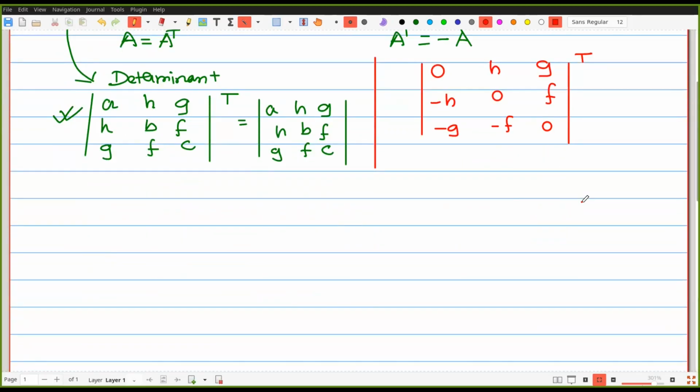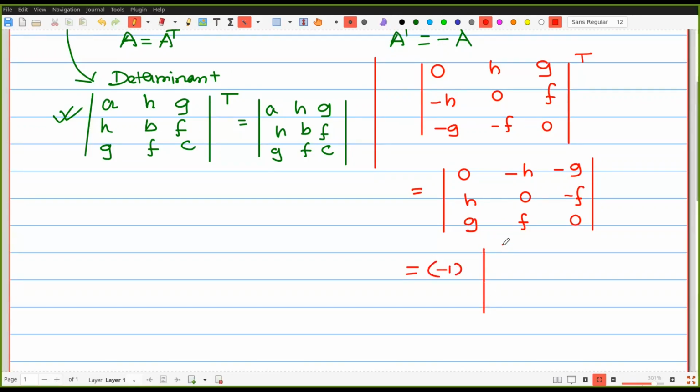After transpose, the first column is now the first row, that means 0, minus H, minus G. The second column is now the second row, H, 0, minus F. The third column, G, F, 0, is now the third row. Now from each and every element we cannot take minus 1, but we can take minus 1 from each and every row or each and every column. So suppose from the first column I am taking minus 1.